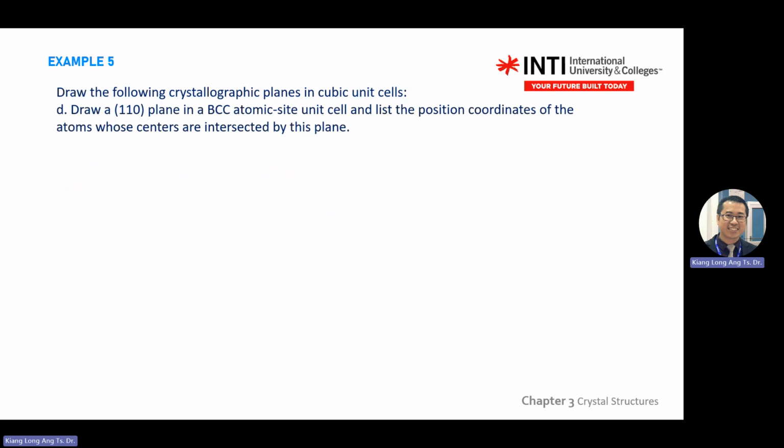You draw the cube first. Then you inverse this one, you still get 1. Inverse this one, you still get 1. Then this one, 0 means infinity. Okay, then you connect the dots, put in as an A4 paper, a plane. Then only you put inside the presentation of BCC atom.